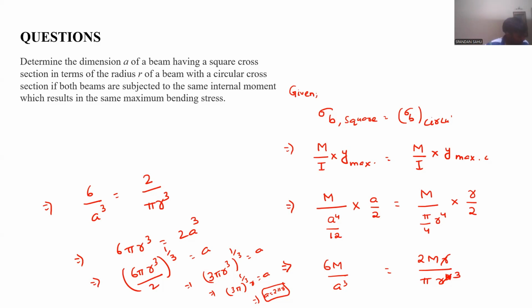So in this question, basically they were asking to determine a relationship between both types of beam such that the components such as internal moment and stresses will remain constant. So if you design the square beam having the side length as r times 2.11, you will end up getting maximum bending stress which will be equal for both the square one as well as the circular one. Okay.